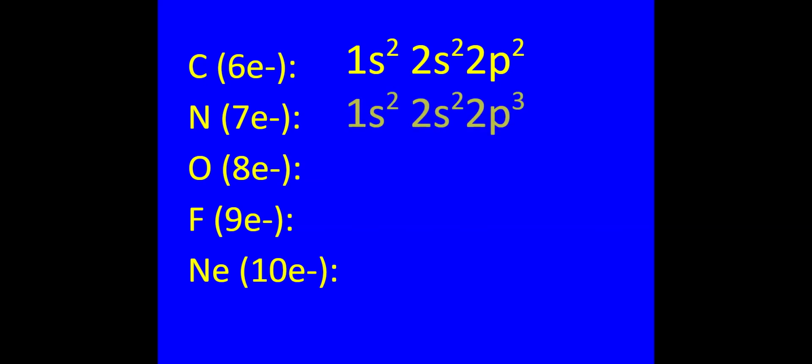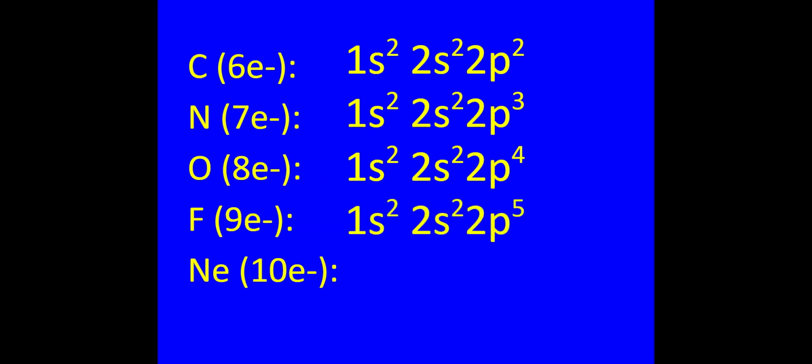Carbon with 6 electrons would be 1s2, 2s2, 2p2. Nitrogen, 1s2, 2s2, 2p3. Oxygen, 1s2, 2s2, 2p4. Fluorine, 1s2, 2s2, 2p5. Neon, 1s2, 2s2, 2p6.